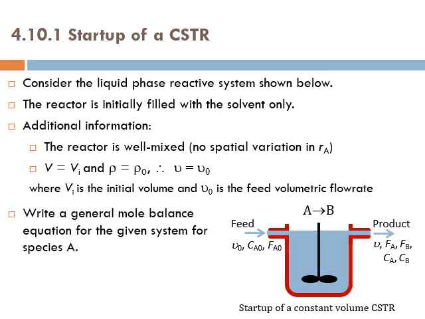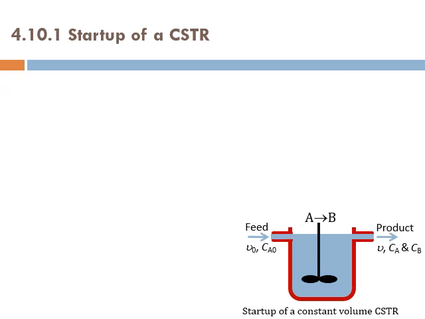Let's write a general mole balance equation for the given system for a species A. Of course, we want to do a balance on a non-conserved quantity, so input minus output plus generation equals accumulation.